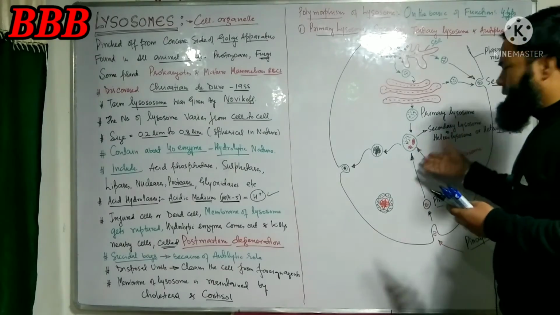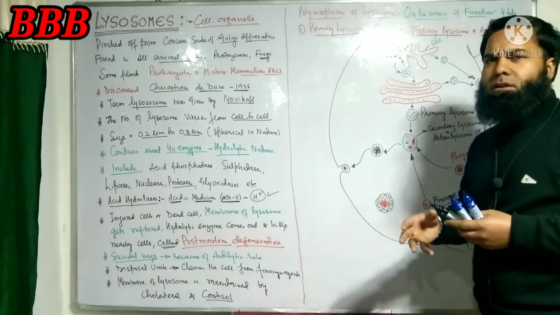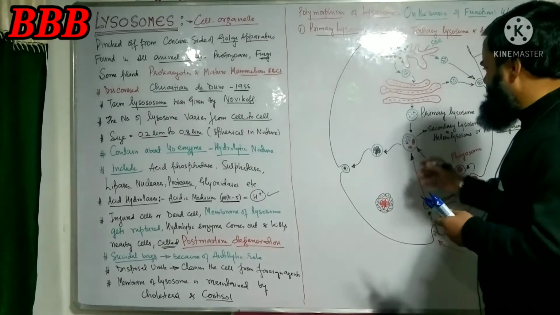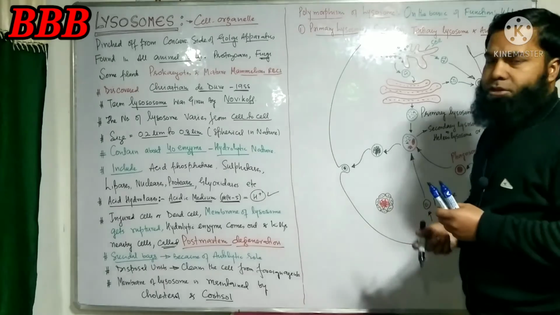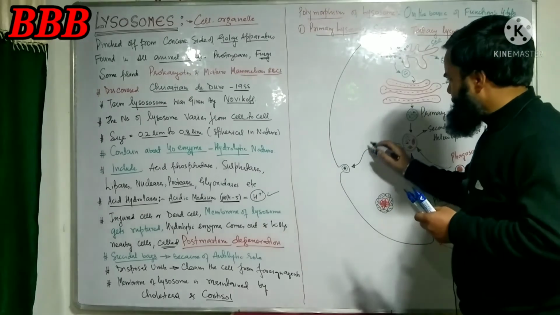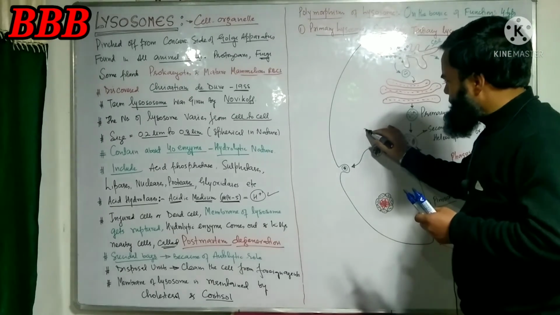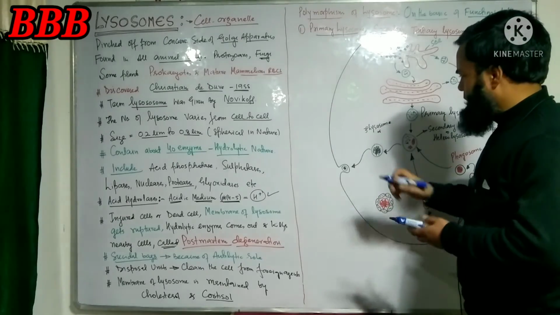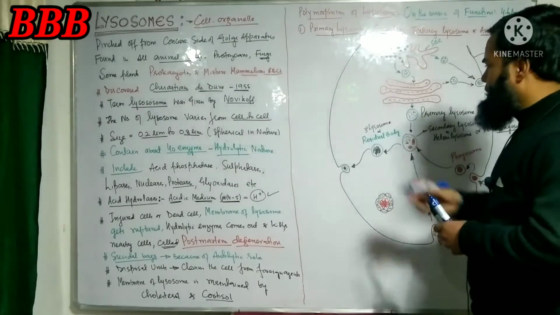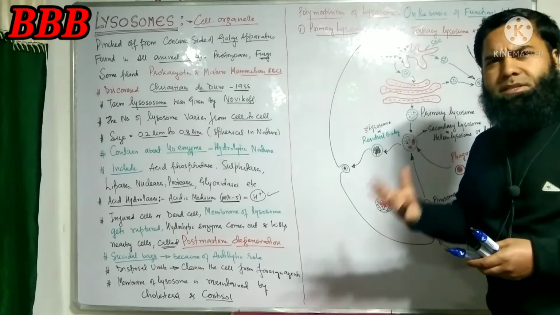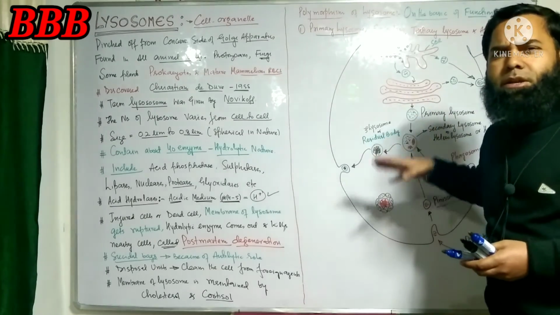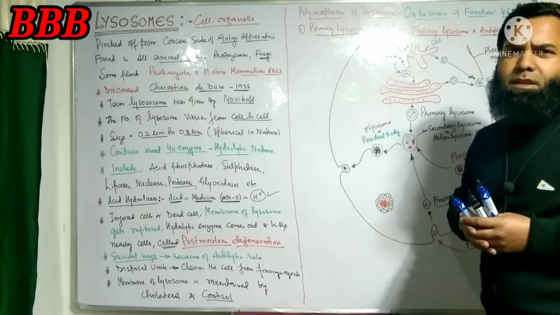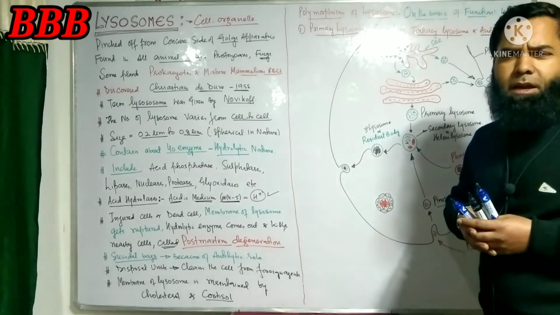Then undigested material remains after the digestion and forms a third structure, called the tertiary lysosome. It is also called a residual body. The residual material contains toxic substances or material not needed for the cell to perform its activities.